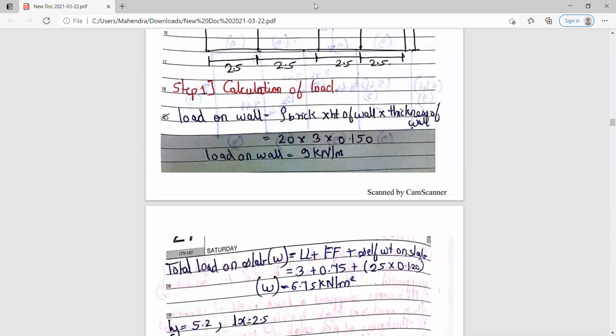What is 120 over here? 120 is nothing but the thickness of the RCC slab. As it is given in mm, we need to convert it into meters, so 0.120. From that we get the total load on the slab as 6.75 kilonewton per meter square. So first of all, do up till here, then we will proceed further. Calculate the load on the wall as well as the load on the slab.